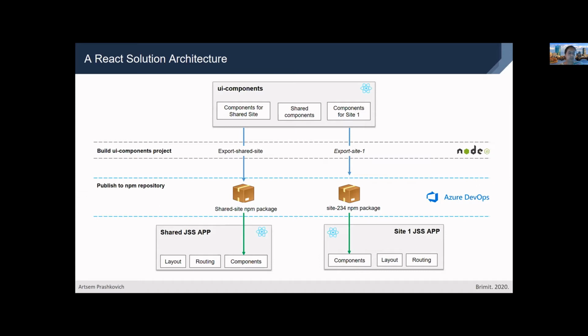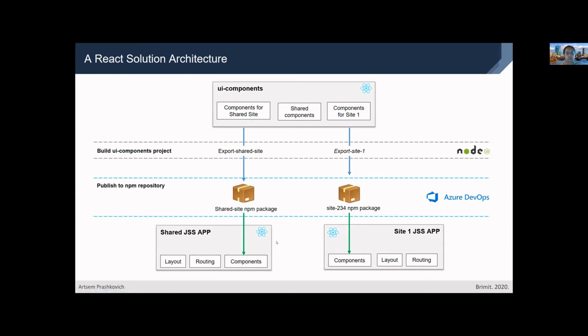To avoid component duplication, we separated the component implementation and GSS apps. Eventually, we have the following. We have a UI components React project, which contains the components implementation. We can see the 3 groups of components here. We have a shared React app project, which is common for Site 2, Site 3, Site 4 from the previous diagram.